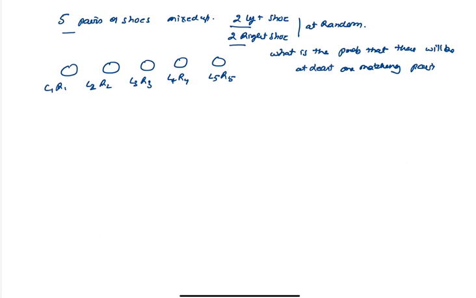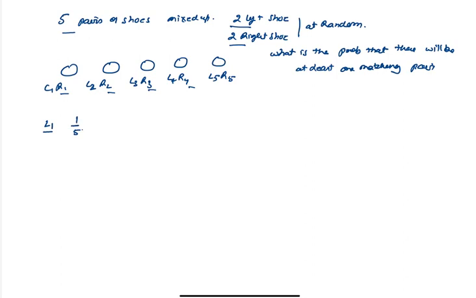If we pick an L1, what is the probability that the first right shoe we pick will be R1? Basically we have 5 right shoes, so that will be 1 by 5.